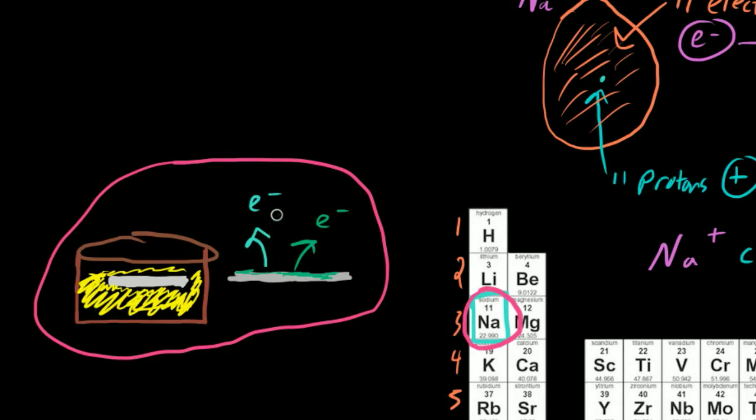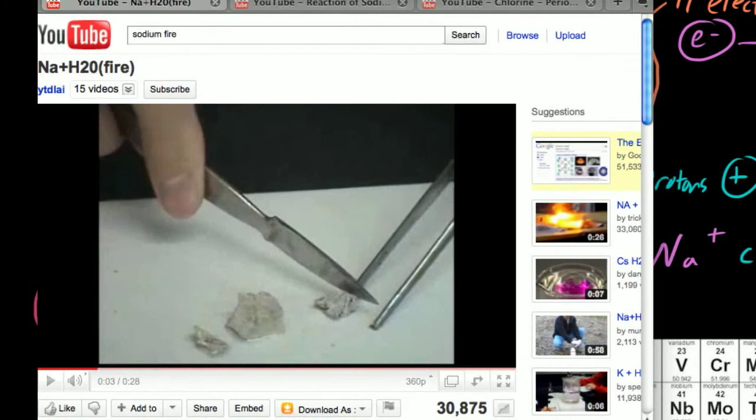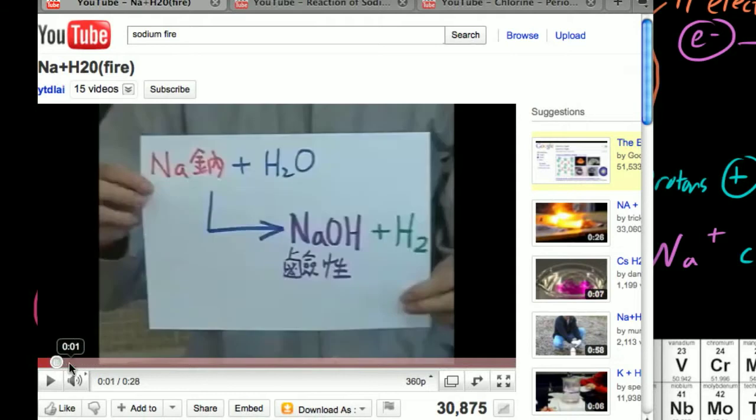And one of the things that I'm actually going to show you right now is a YouTube video I just found, and there are a couple of cool things that we can see in this video about sodium. The first one is that sodium is very soft.